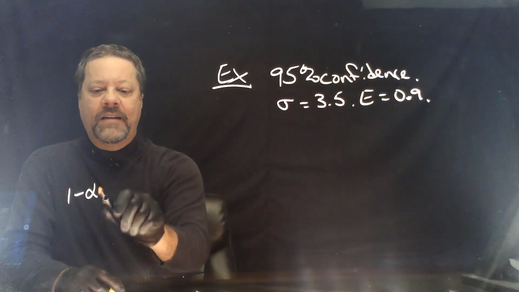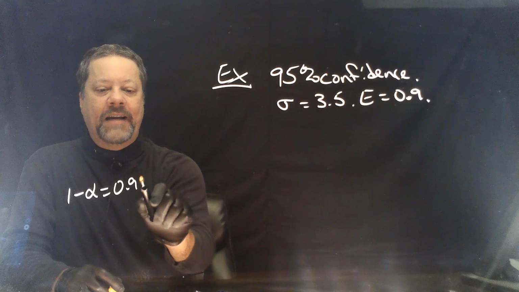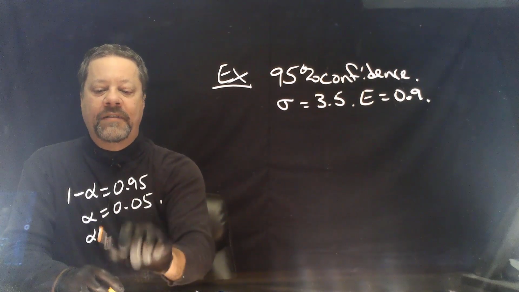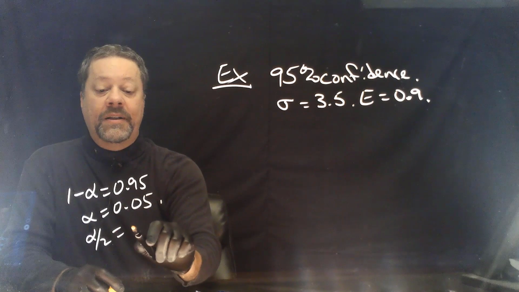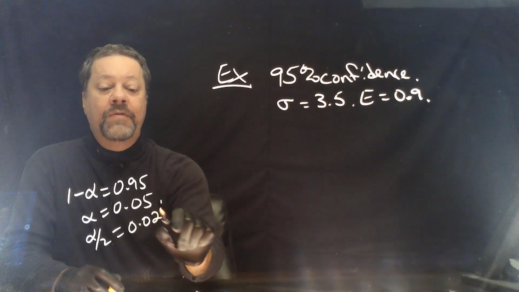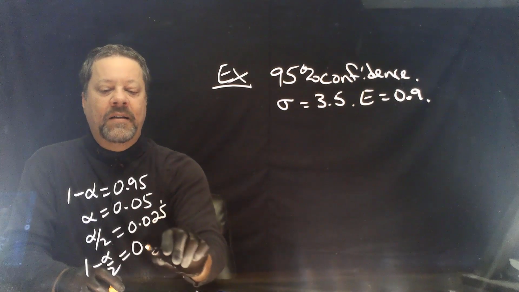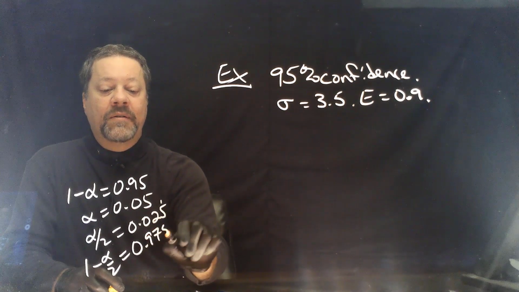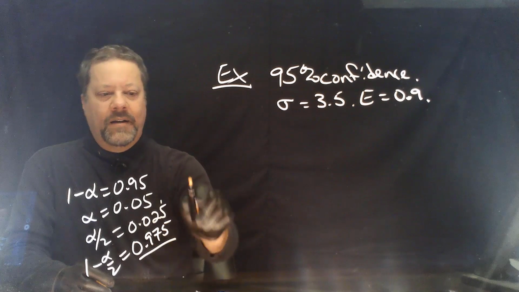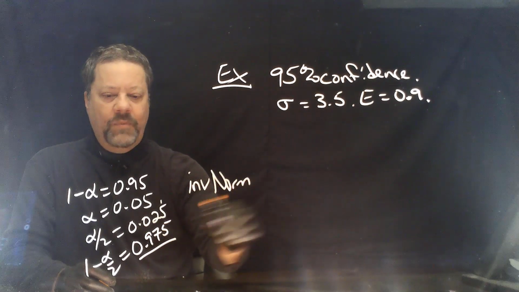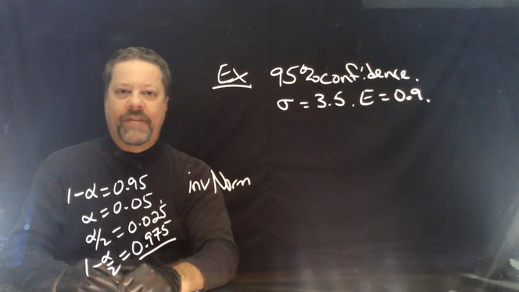Notice that the confidence level is 0.95, which means alpha is 0.05. Alpha over 2 is 0.025, 2.5%. And so the area that we'll use in our inverse normal will be 0.975.